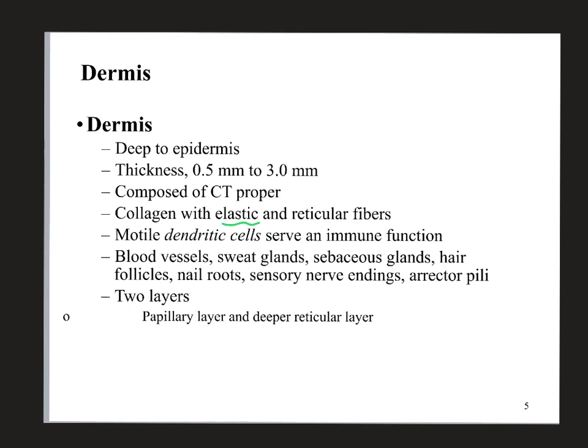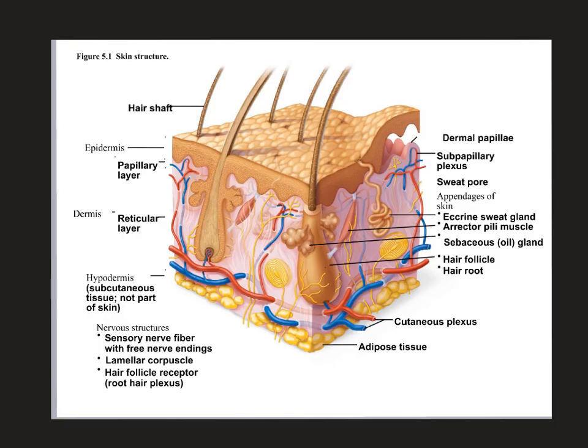There are two layers of the dermis. The papillary layer, which is the superficial layer, represents about 20% of the thickness of the dermis, while the deep reticular layer is about 80% of the thickness of the dermis. All right, so we've seen this picture before. We have the epidermis up here, the layers of the epidermis, and then the two layers of the dermis, the papillary and the reticular layer.